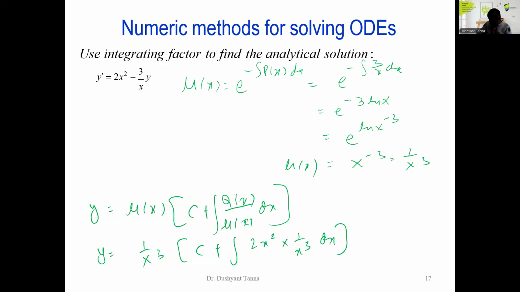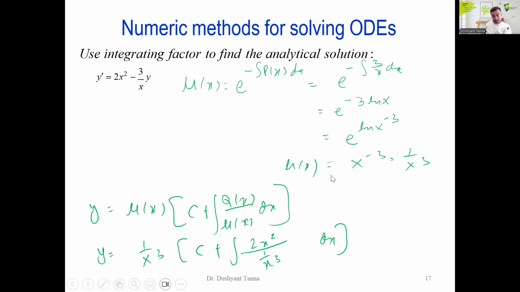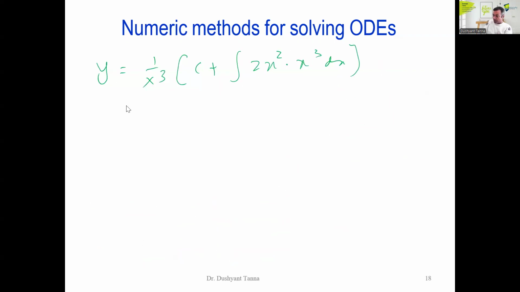Sorry, my bad. Write it like this, so there is no confusion. Once you simplify your y, which is mu of x, 1 over x cubed, times c plus the integral, you simplify it to x squared, and this will go up, because it's a denominator, so the denominator will go to the numerator.